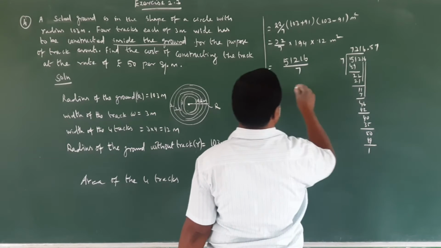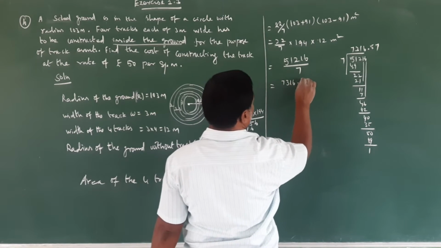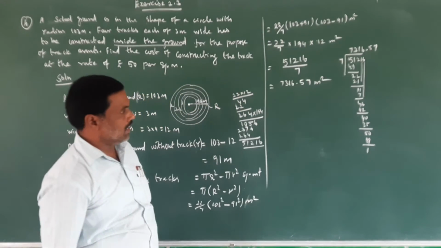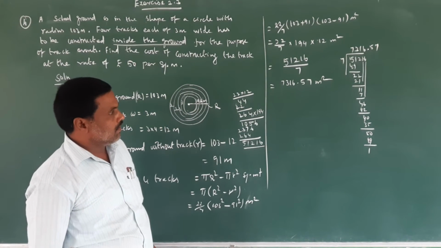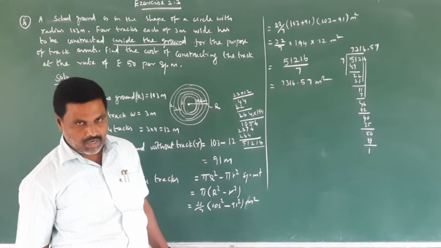Now answer 7316.57 meters square. That is 7316.57 meters square.